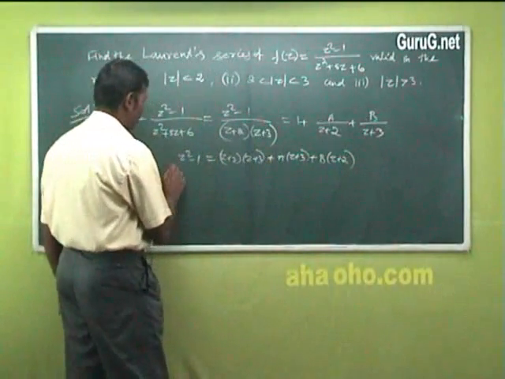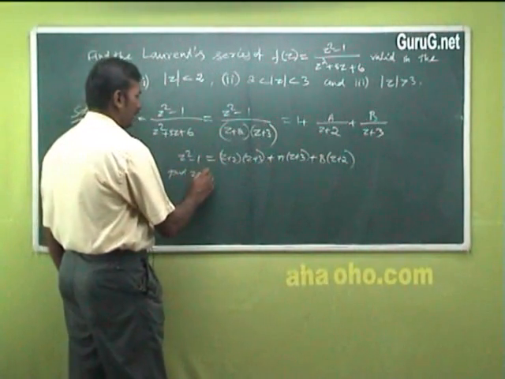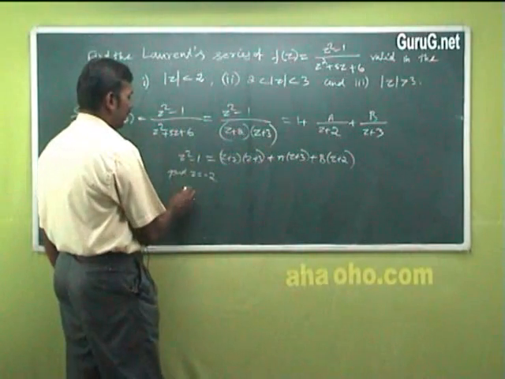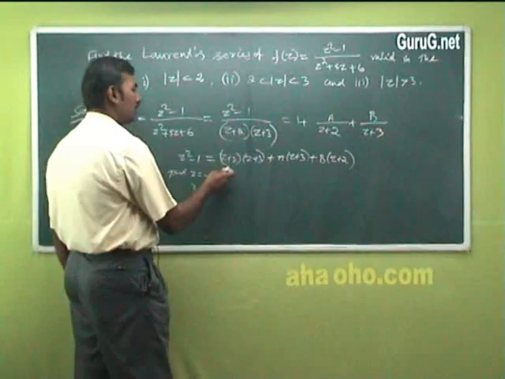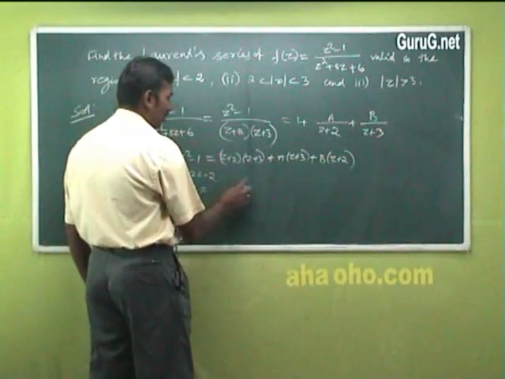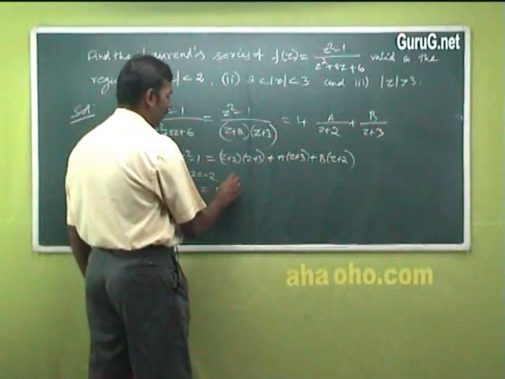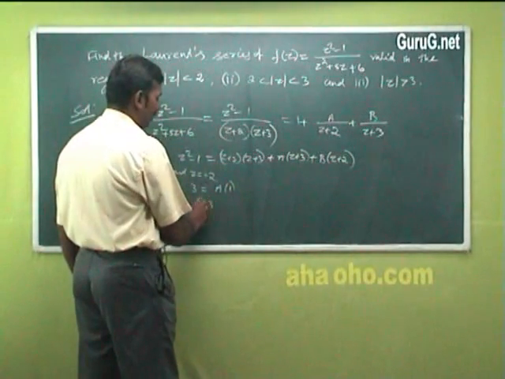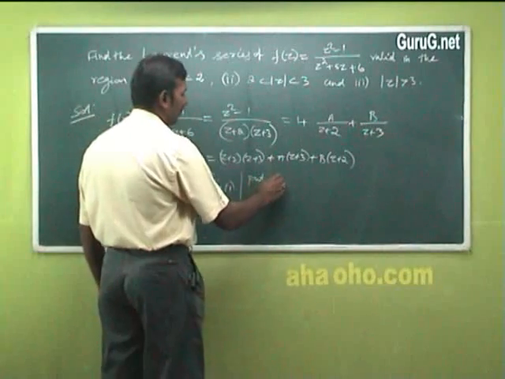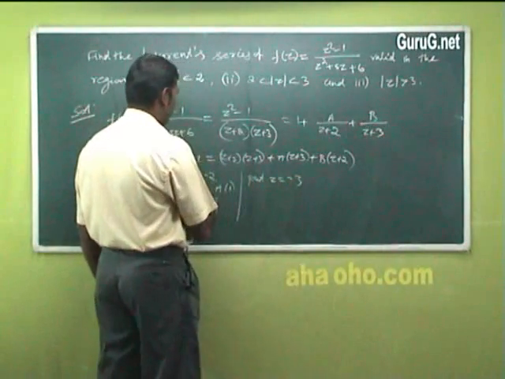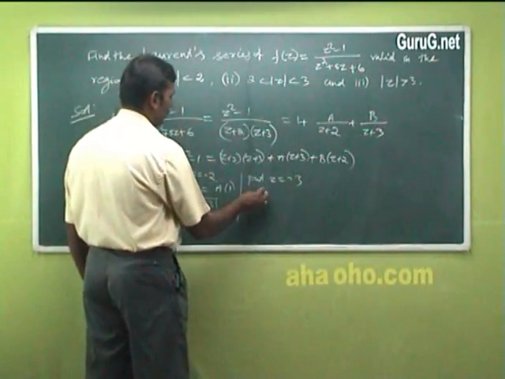So put z equal to minus 2, you get 4 minus 1, 3. This is 0 and this is 0. So a into 1. So a equal to 3. Right? Then put z equal to minus 3. So 9 minus 1 is 8.